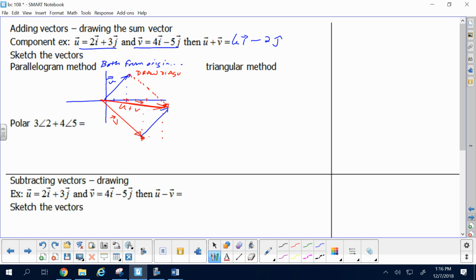Most students prefer the triangle method, which is the head-to-toe method kind of thing. If you start with u, 1, 2, 1, 2, 3, and then rather than going back from the origin, go from there in v: from this point, I'm going to go the v directions of right 4 down 5.